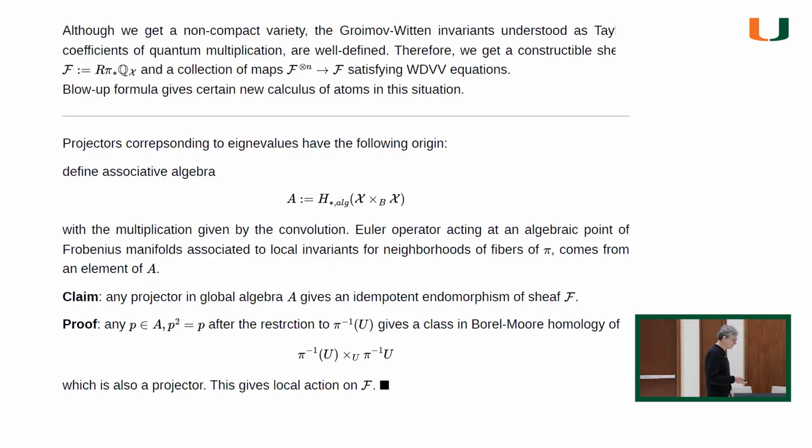Suppose you get a smooth compact variety which maps to another base B, which is a proper map, like here. You have a family of varieties, maybe degenerate, but the total space is smooth. Then we consider the fiber product of the total space with itself over the base.